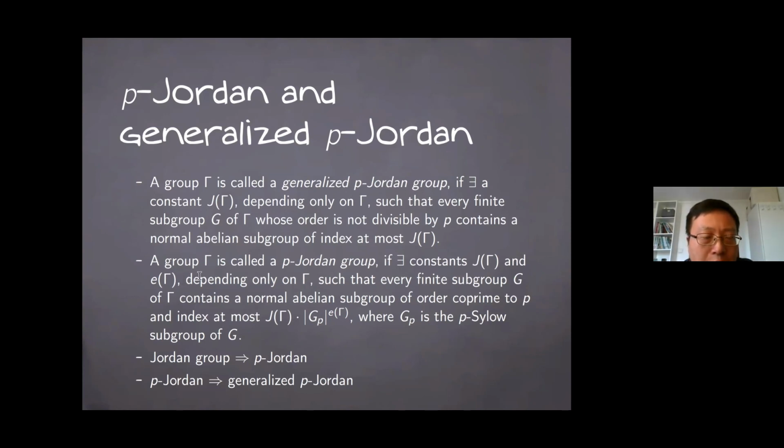The other thing is we consider the P groups, but we take another constant called E, and the P subgroup.